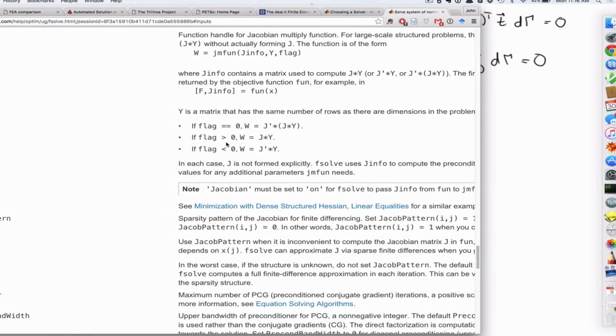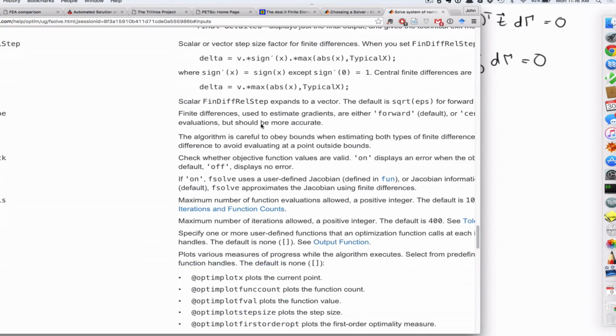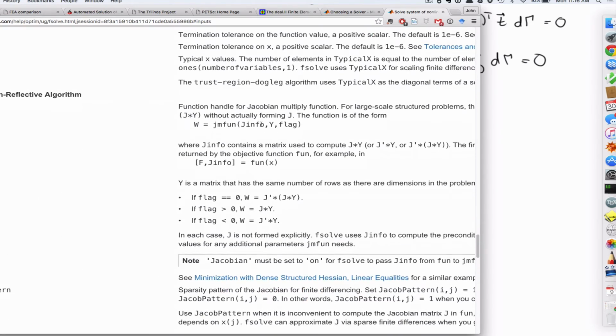It's kind of hard to get that all on the screen, but probably one of the better things you can do is to use the trust region reflective method, and then certainly use the Jacobian pattern.